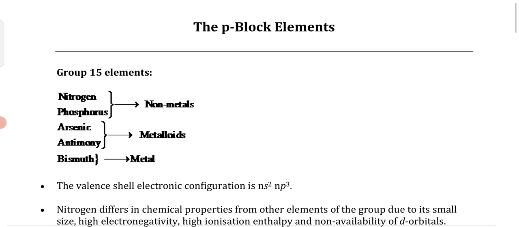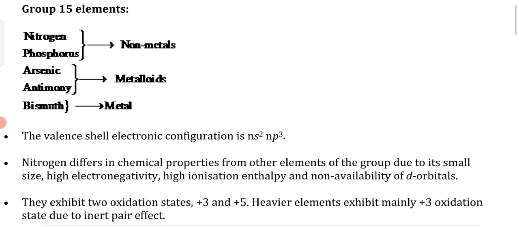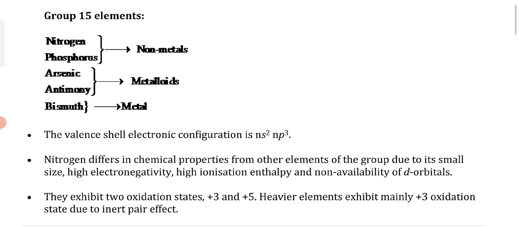That is why, from top to bottom in a group, the metallic property increases. The valence electronic configuration is ns2 np3, that is 5 electrons are there in the valence shell. That is why these elements are present in group 15.